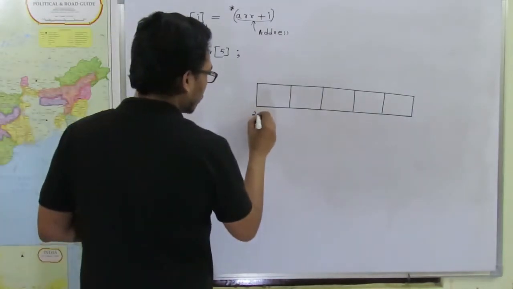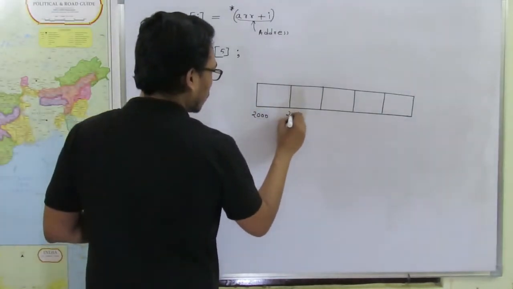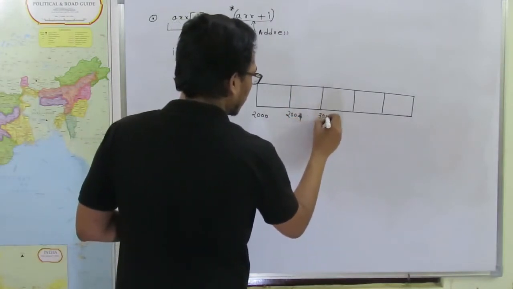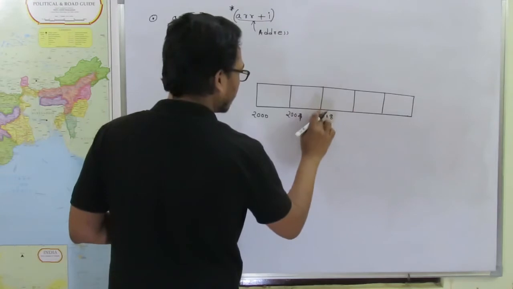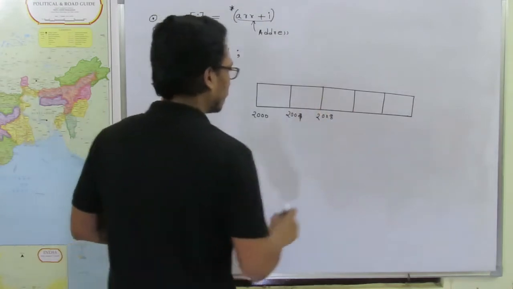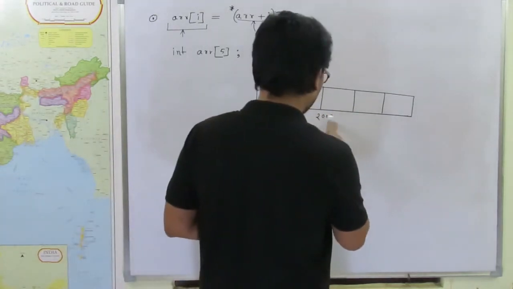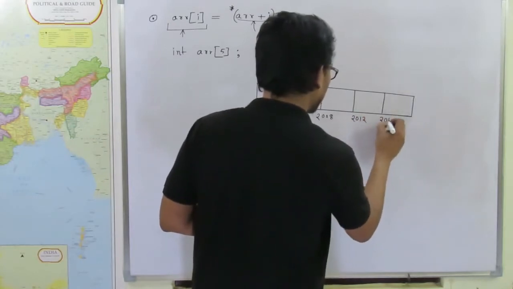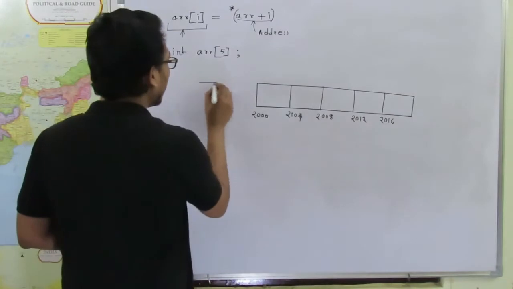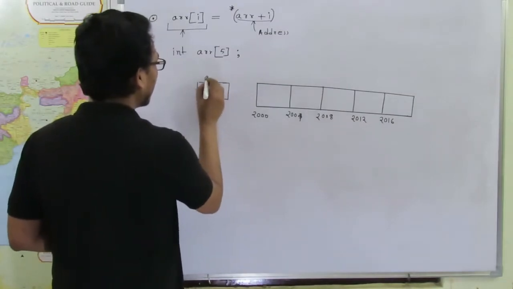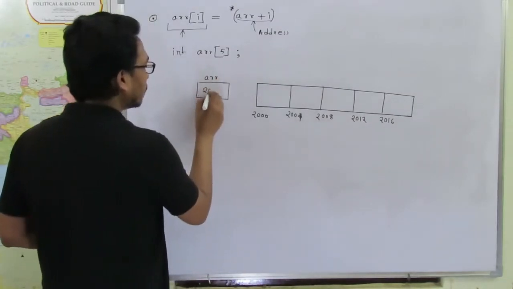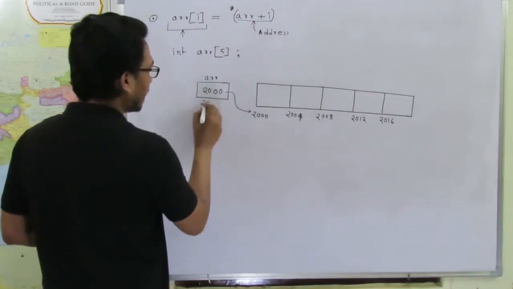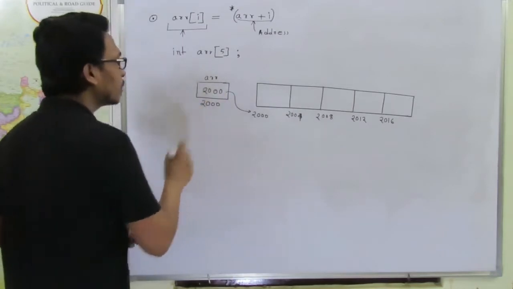The base address is 2000, so 2004, 2008, 2012, 2016, and then the logical part, that is ARR, and 2000 will point to this particular location, the address of ARR, again 2000.